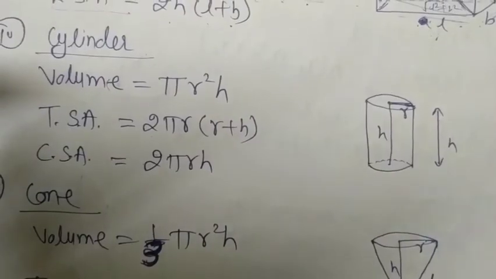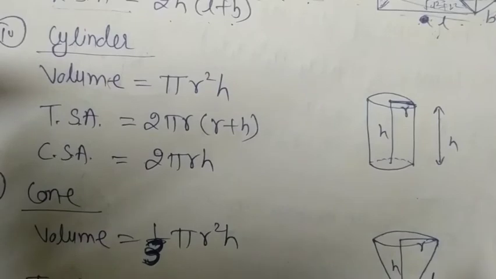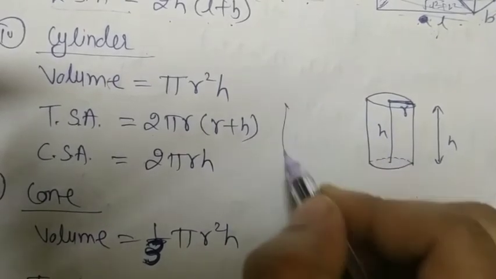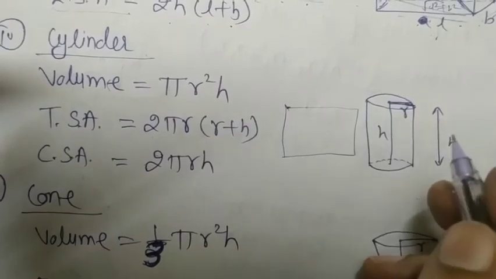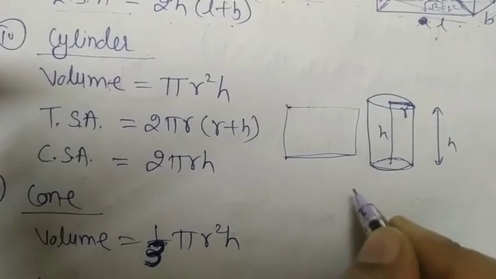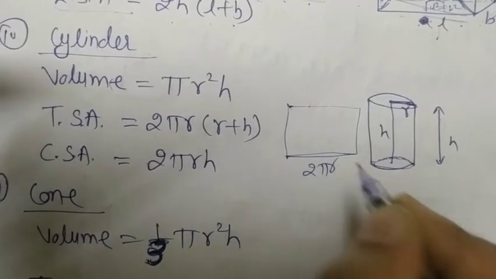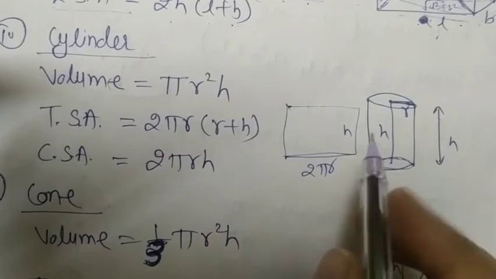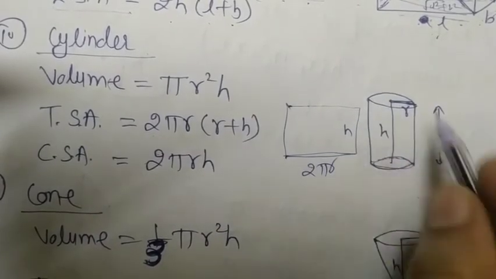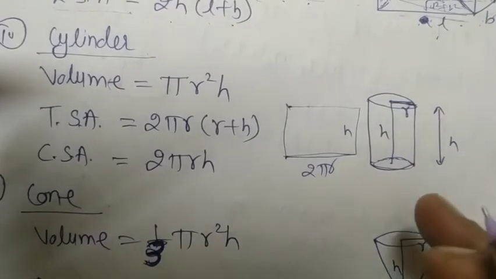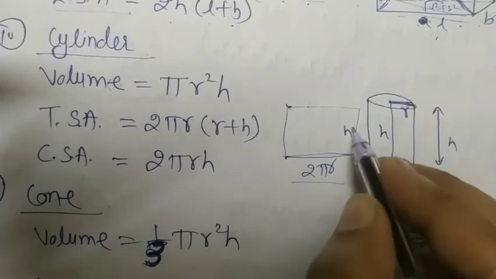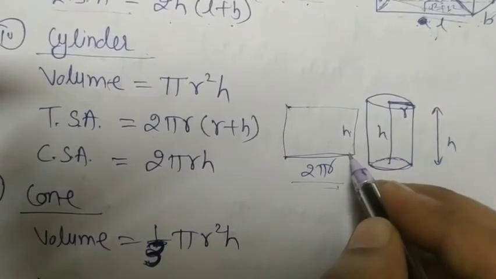Now come to the cylinder. In the cylinder, we know that if we open it, it will be like a rectangle. And this will be the circumference of this circle, that is 2 pi r, and the height is H. So the lateral surface area, the surface area of all sides excluding bottom and top, will be 2 pi r into H, length into breadth.